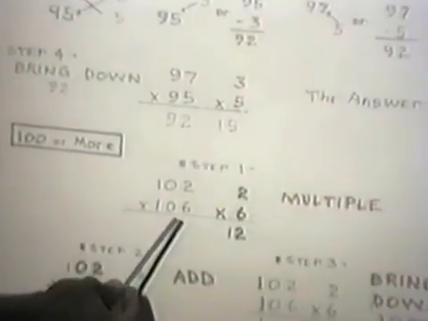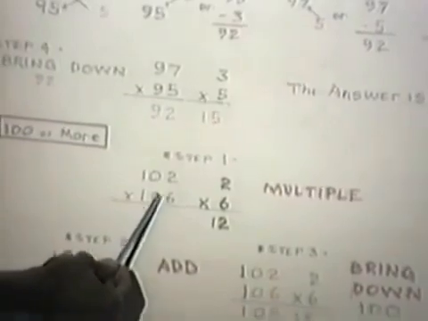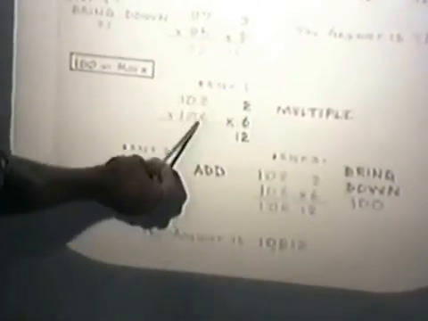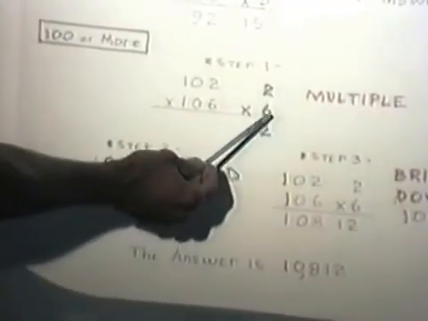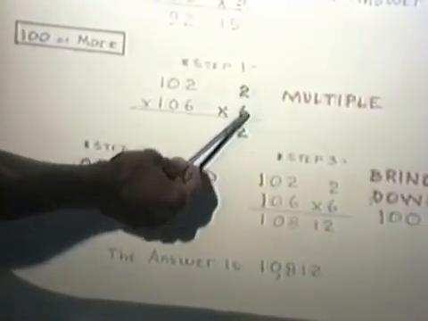For 106 times 102, what is the answer? We multiply the 6 times the 2 and we get 12. That's the first step. In the second step, we add the 6 and 2 and we get 8.